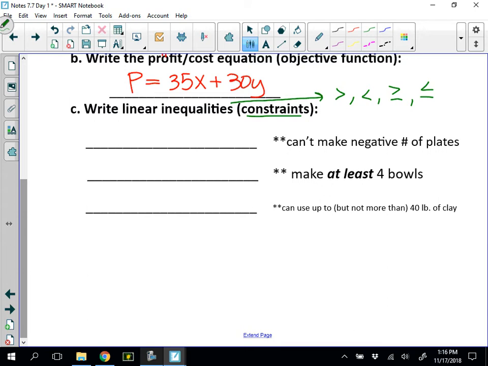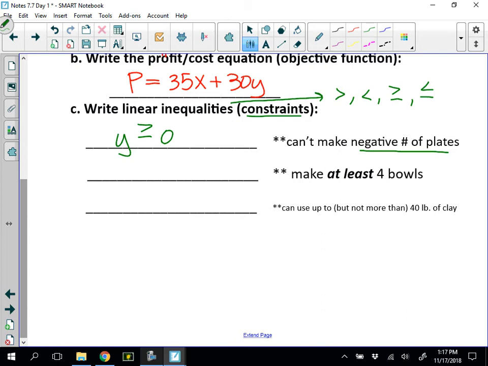So I've given us some hints right here. First one, he cannot make a negative number of plates. So I want to write an inequality that represents not having negative plates. We said that plates were Y. And if I don't want Y to be negative, that means it can be 0 or above. So Y is greater than or equal to 0 would be one constraint.